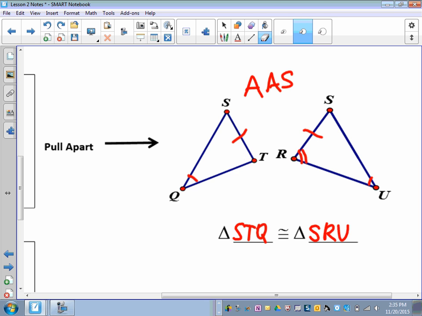So before we did this information, we wouldn't say angle side. Wait, can you explain that?